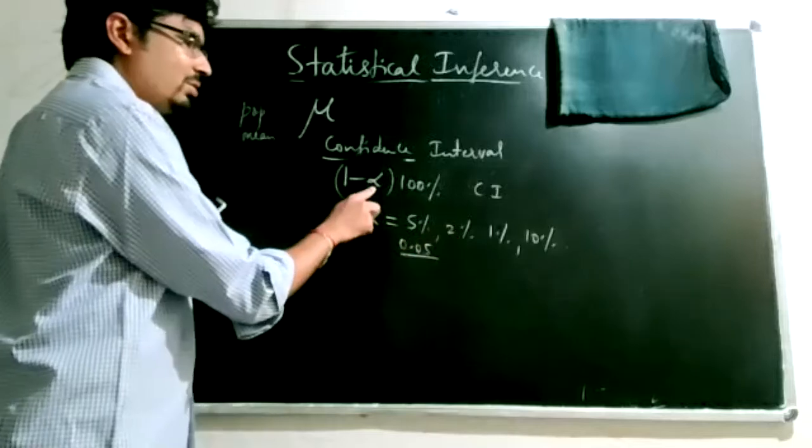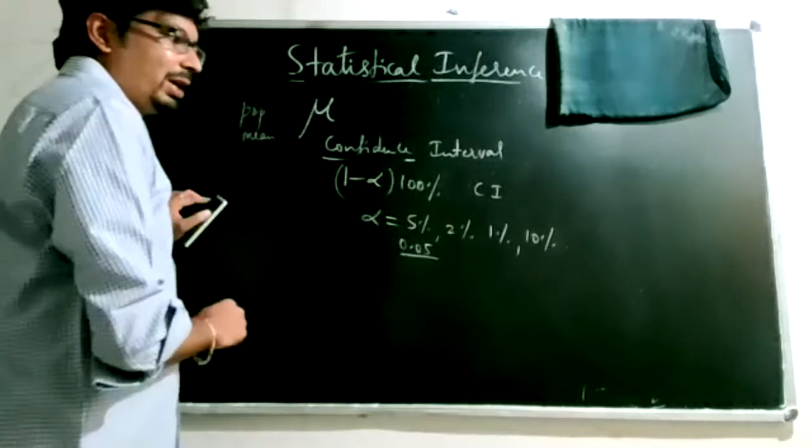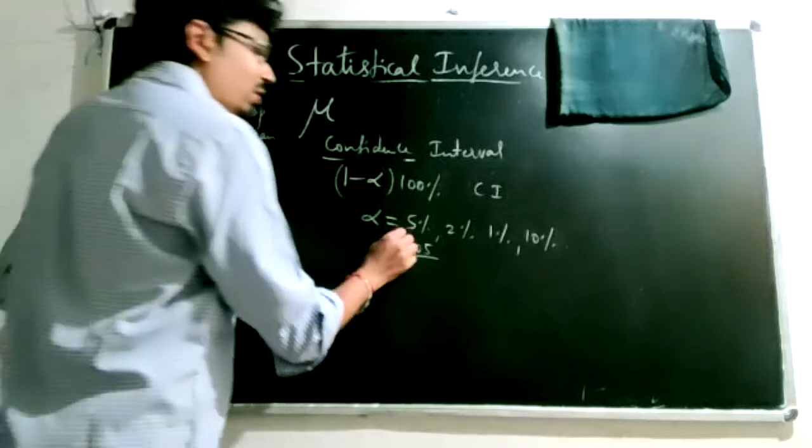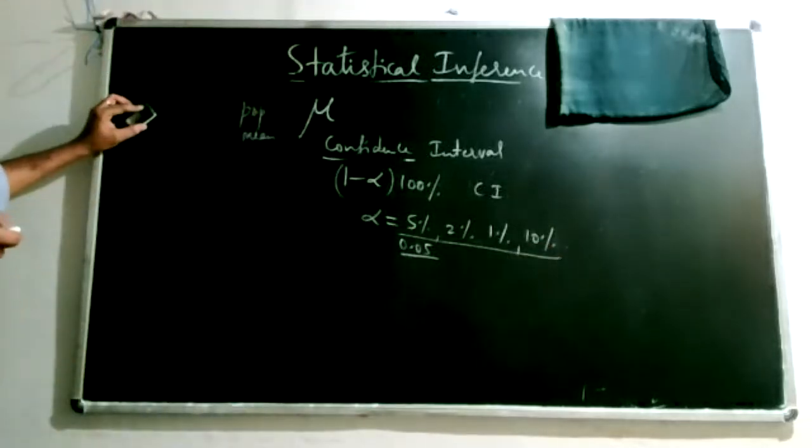Similarly, if you take alpha as 2%, you get the 98% confidence interval. Alpha 1%, you will get the 99% confidence interval. You cannot produce a 100% confidence interval because there will be some error.